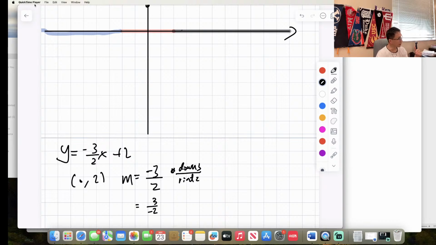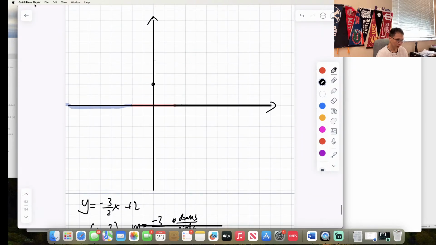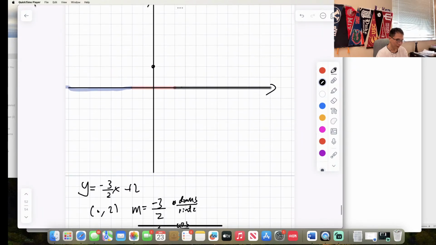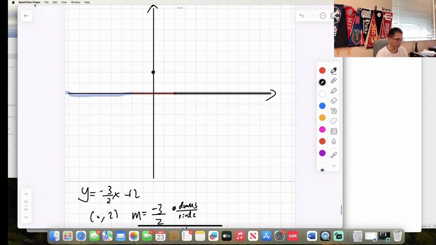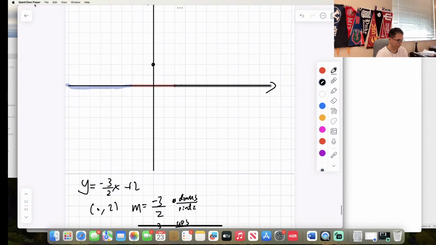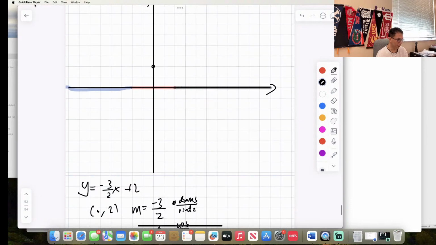The negative sign could be up or down because they both mean negative. Because I want to see both, this is up 3 and left 2. Okay, so in this case, I'm going to do down 3, right 2. So I'm going to have this point here, this point here, and this point here. Is that okay?